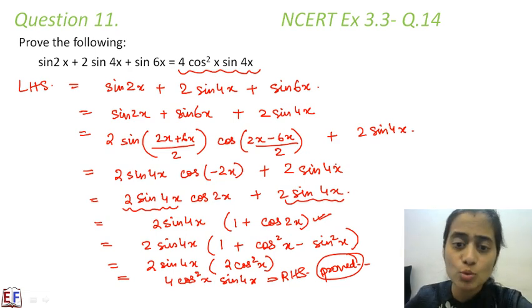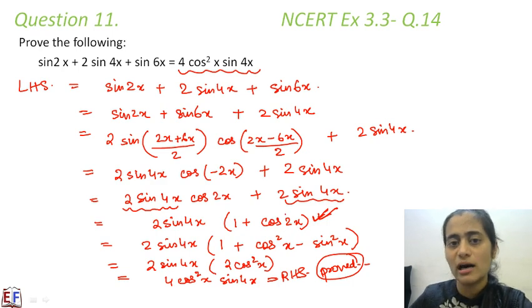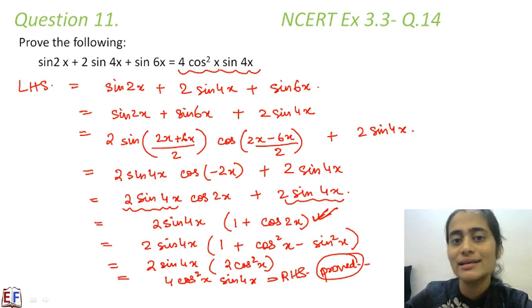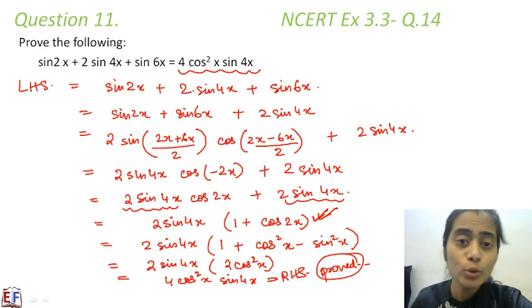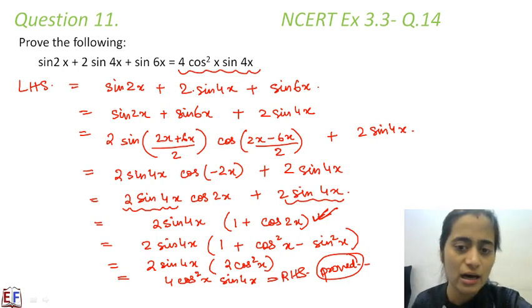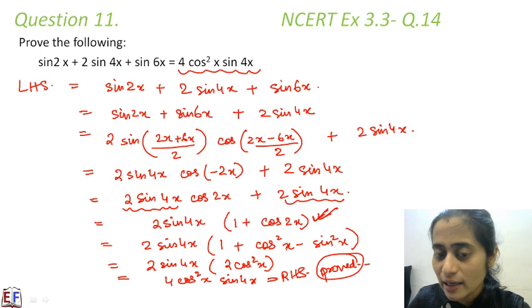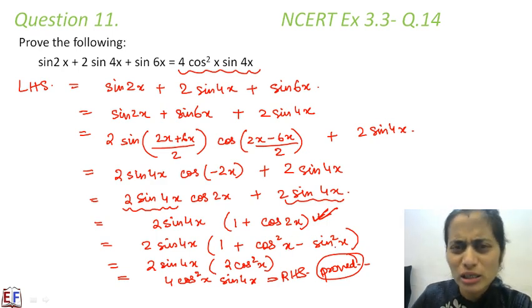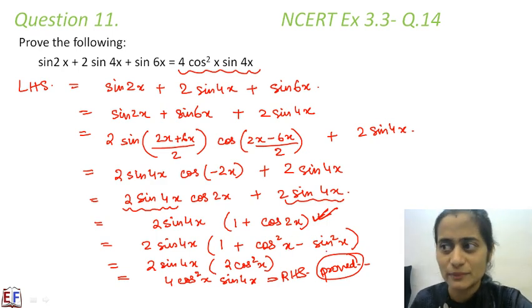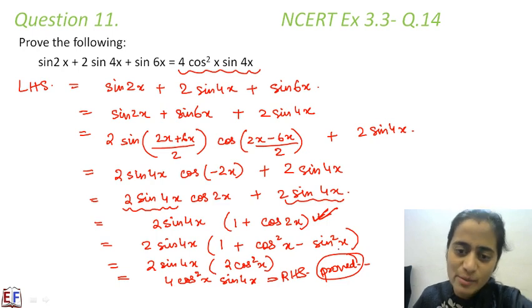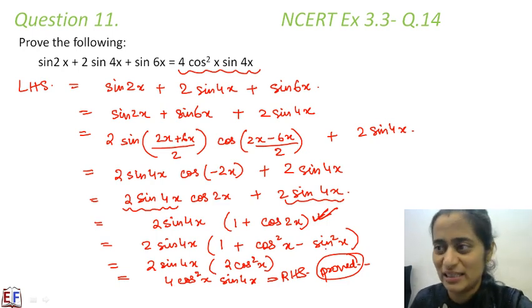Exactly that is what we did at this step, because when we got 1 plus cos 2 theta, we saw that what we need on the right hand side is a cos square x. So how could we get a cos square from cos 2 theta? By applying the formula of cos 2 theta. Now, when we applied that, we also got a sine square theta, which we didn't want. So, therefore, we changed that 1 minus sine square theta to cos square theta, right?